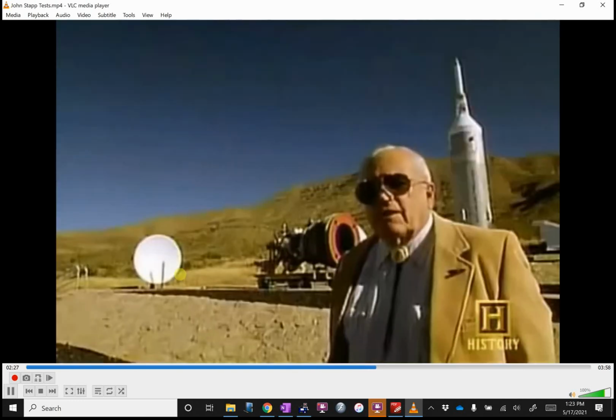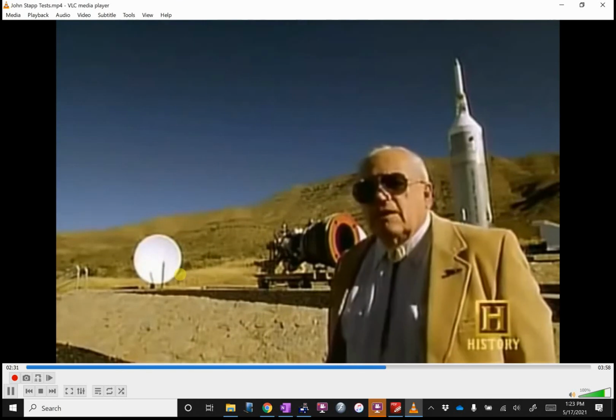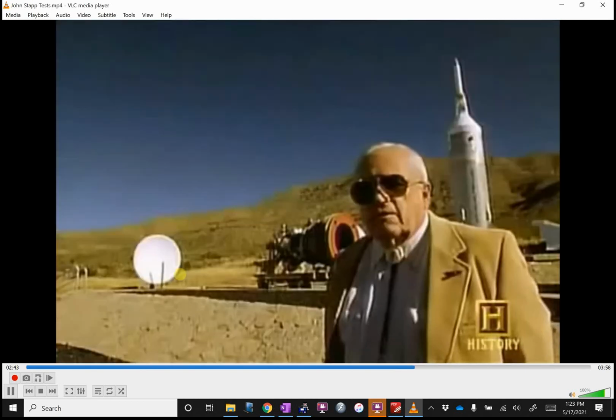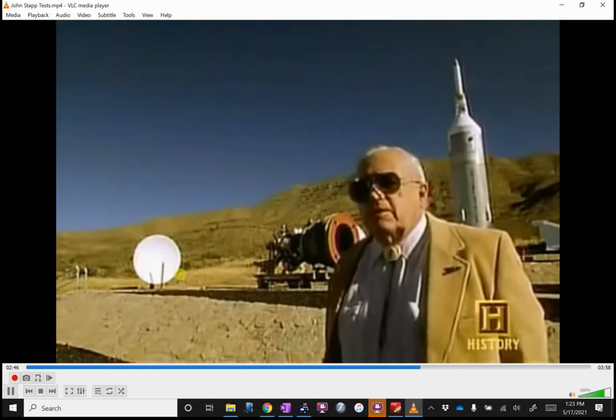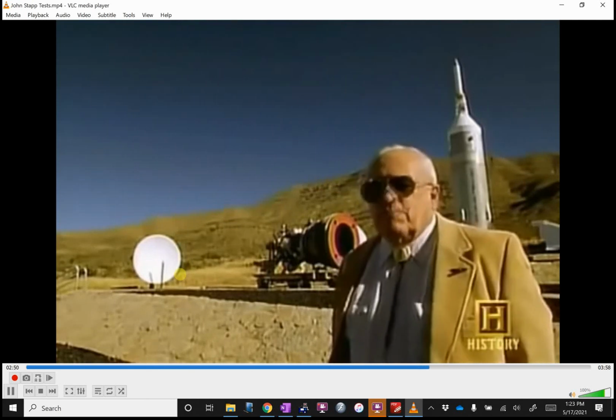So Dr. Stapp kept going faster and faster, and finally in December 1954, he hit his fastest speed. According to the newspaper, 632 miles an hour. According to the calculations I made from feet per second, at one point he hit 639. But the average would be about 632.